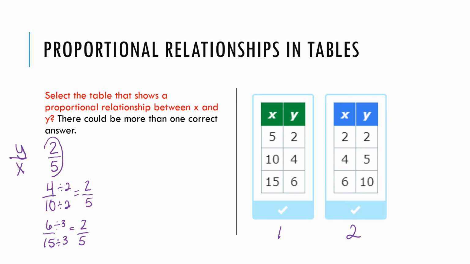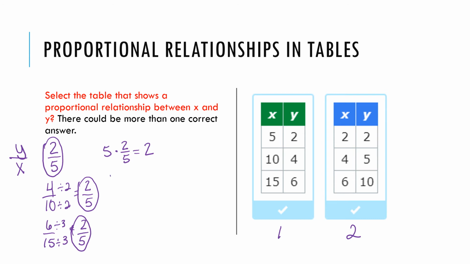So every time when we simplified those fractions, when we did y over x, we end up with the same number. If you end up with the same number every time, then that means that it is a proportional relationship. This also is telling me that if I take my x value, like 5, and I multiply it by 2/5, then I'm going to get 2.